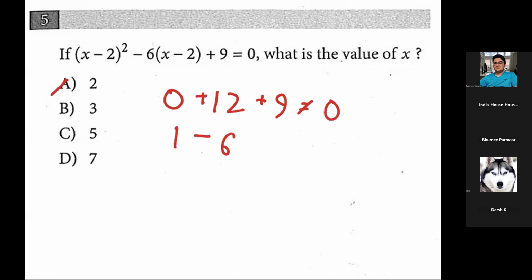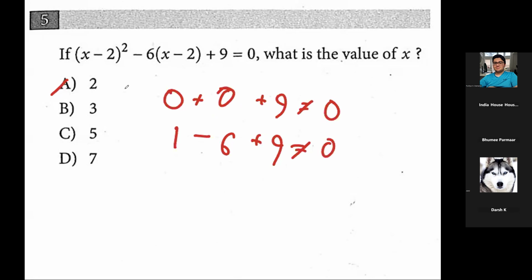I did A wrong. This is not 12, because 2 minus 2 is 0, so negative 6 times 0 is 0. Okay, anyway, back to B. 3 minus 2 is 1 times negative 6 is negative 6 plus 9 equals 0. Well, this is not equal to 0.